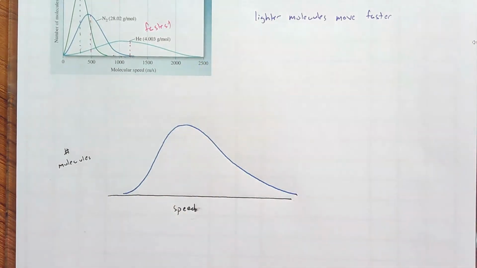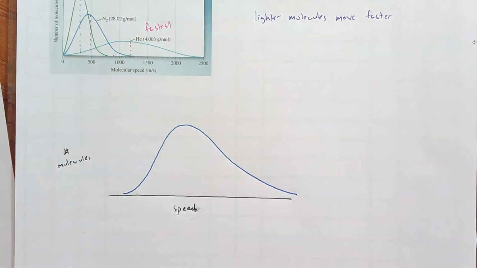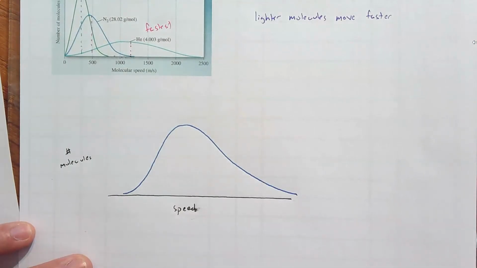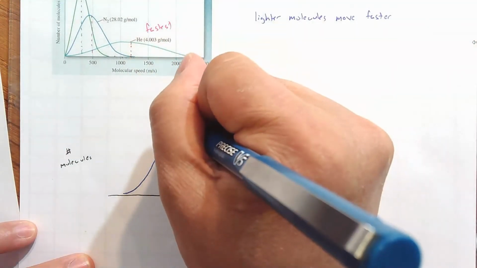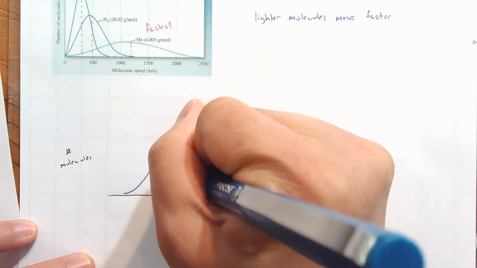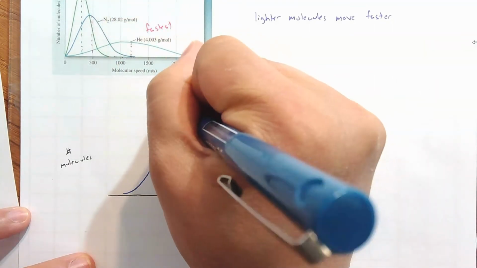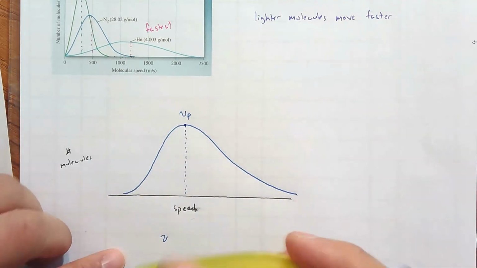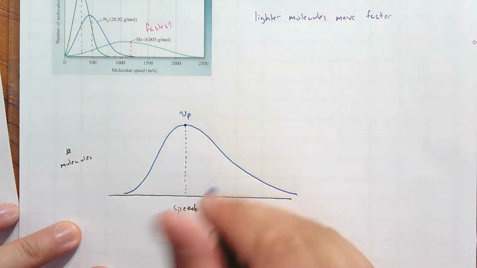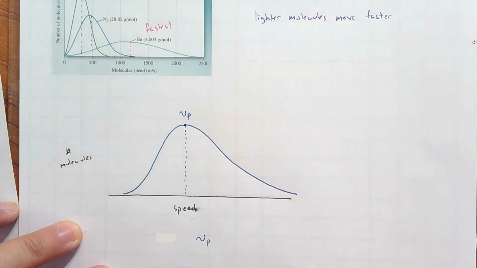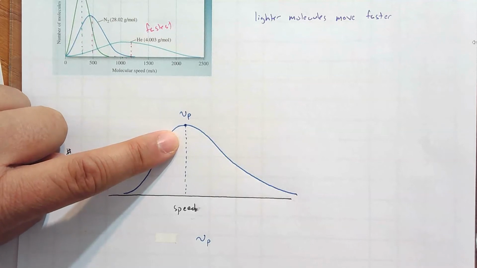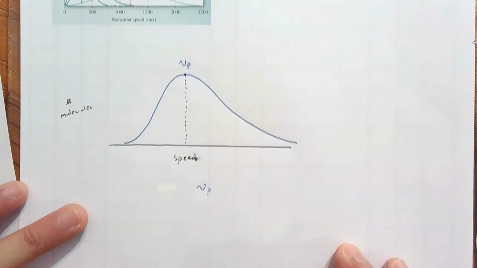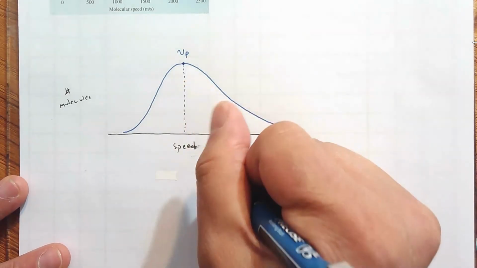Oh, that came out better than I expected. And language. Let's be a little more precise. This top point here, just call that the VP. And VP is the most probable speed. Makes sense. We have the most molecules for each individual speed at this point, this speed. So VP is most probable speed.